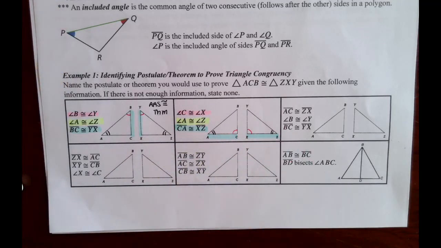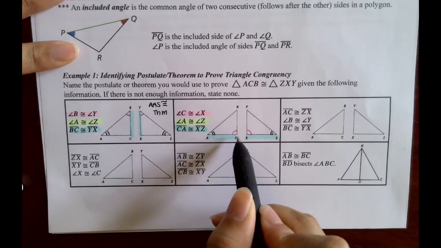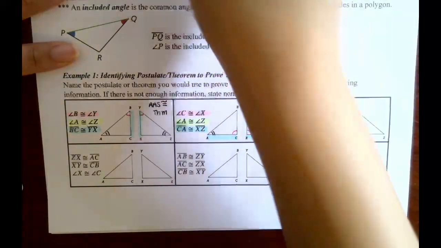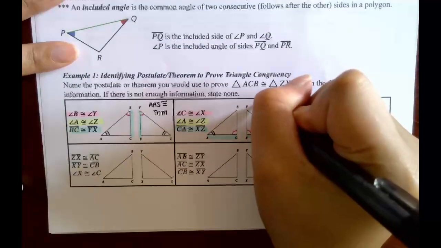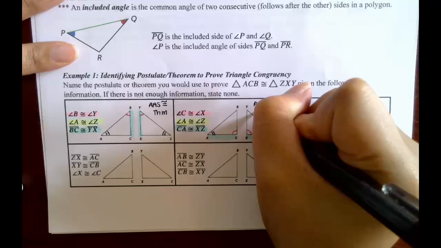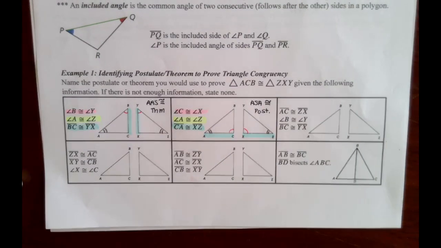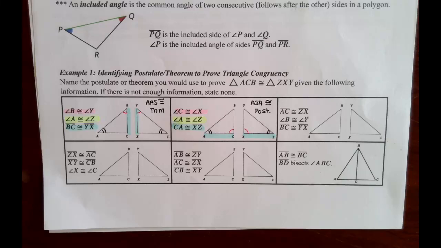Okay. And so here, again, going in order, it's angle, side, angle. And so that is one of our 5 ways of proving congruent triangles. So angle, side, angle congruence, and this is a postulate. Note that only AAS and hypotenuse leg are theorems. The other ones are all postulates.